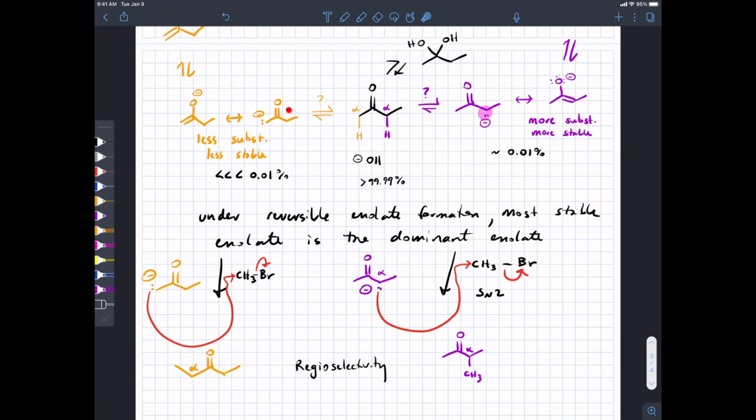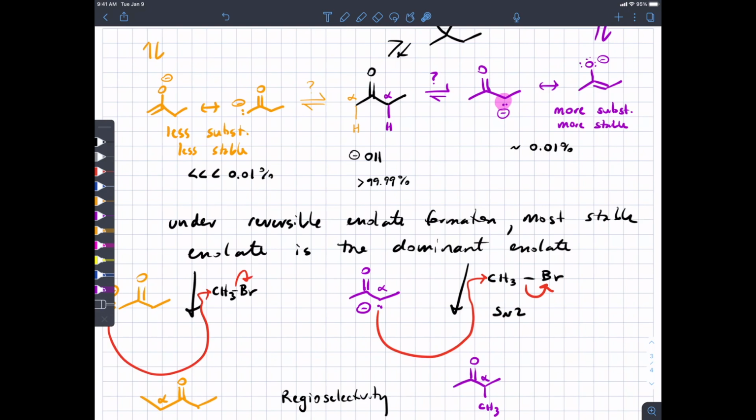That's a good question. Is it more reactive in terms of nucleophilicity? I think we can answer that question best with an energy diagram. What you're essentially asking about is kinetics versus thermodynamics.